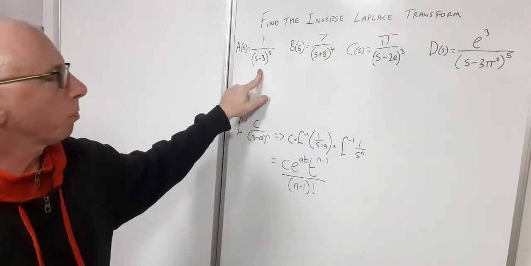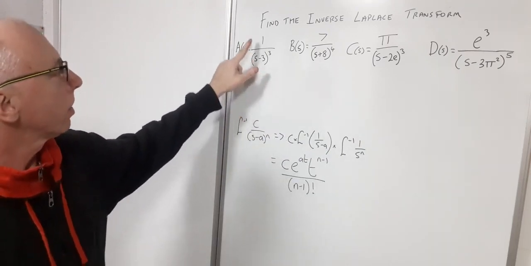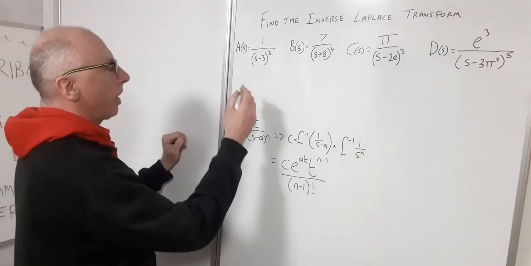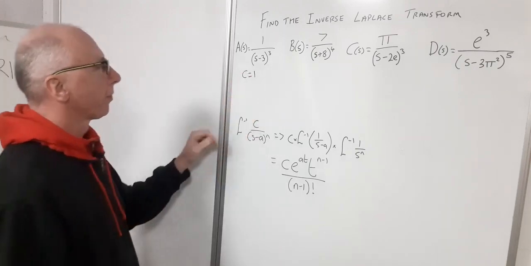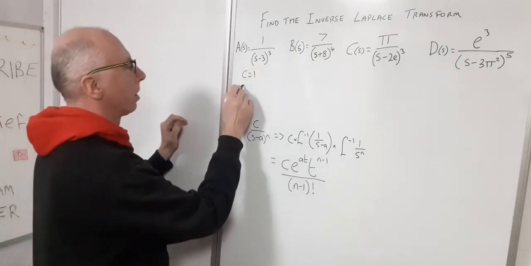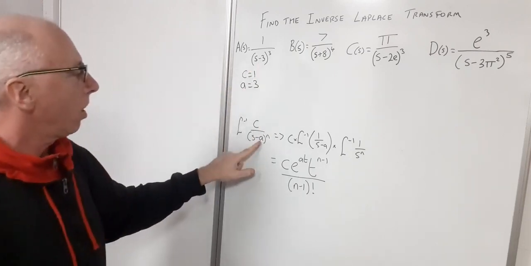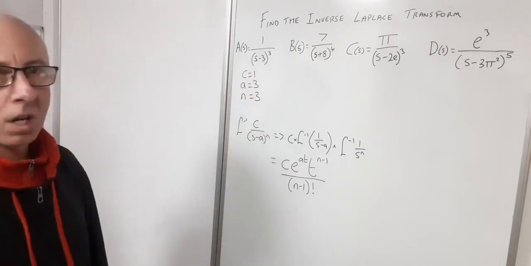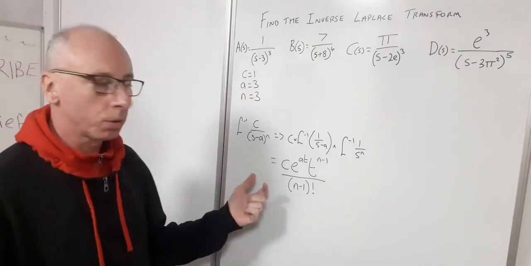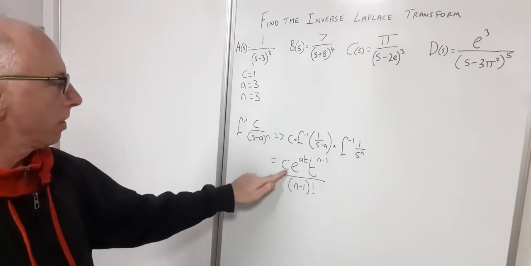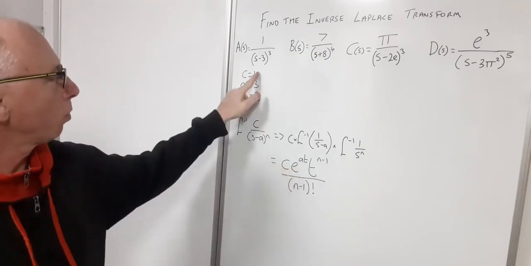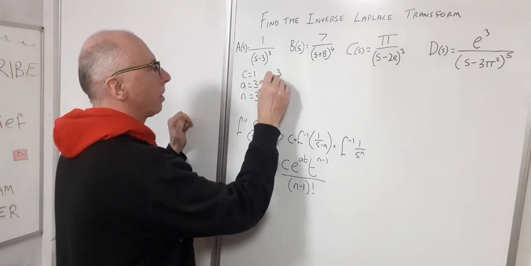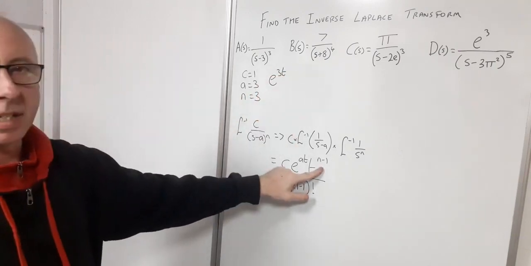Okay, so now using this, let's break all of these apart. Let's look at this one first. This one looks the simplest of the cases: 1 over s minus 3 cubed. So what are our values of our variables? Here our c equals 1, a equals 3, and our n here is also 3. So now our generic result will yield c times e to the at, so that's 1 times e to the 3t, and then t to the n minus 1.